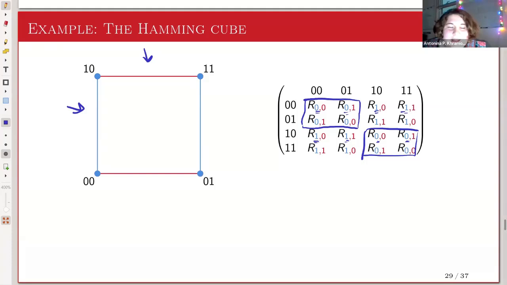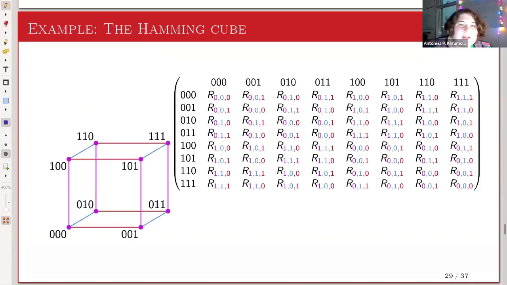So in a way, it is structured like a Kronecker product, but instead of multiplication, we get the tensor product. And if we take a direct product of this square and another edge, we get the Hamming cube, and we get this association scheme.